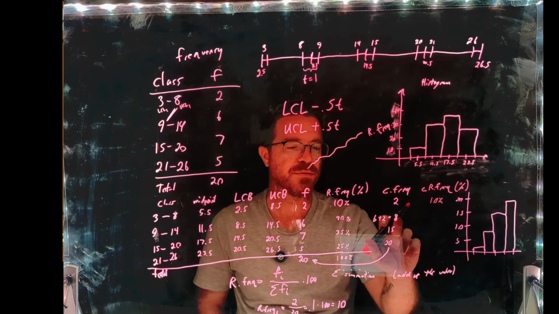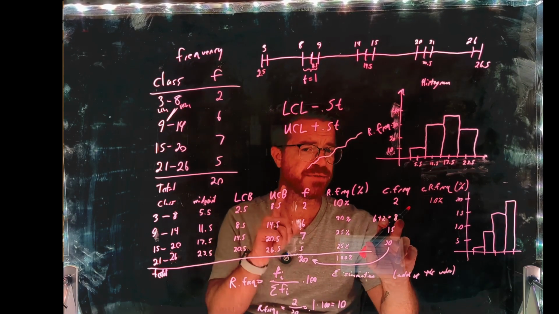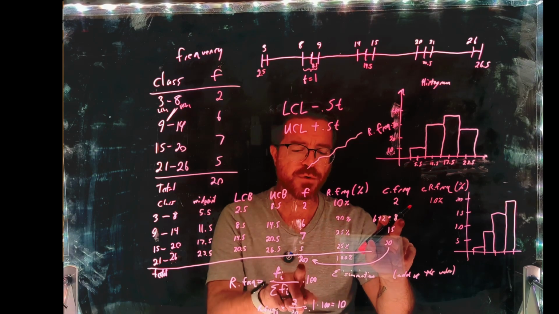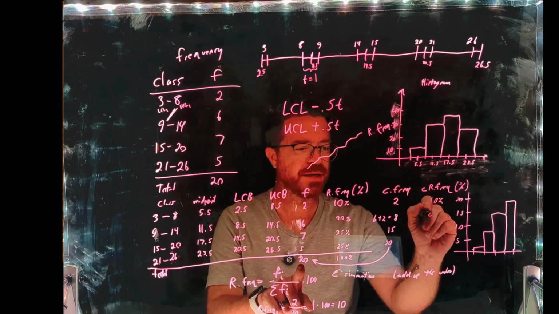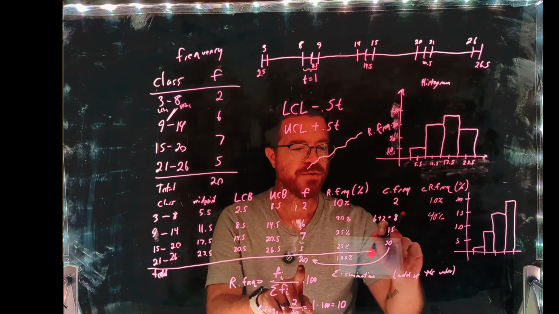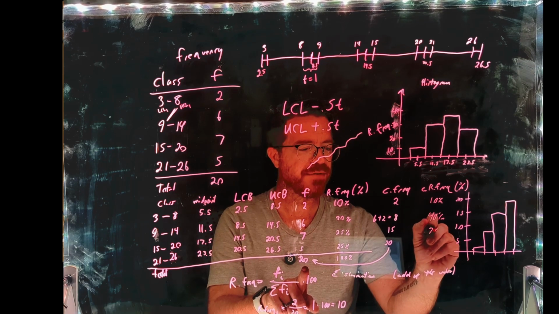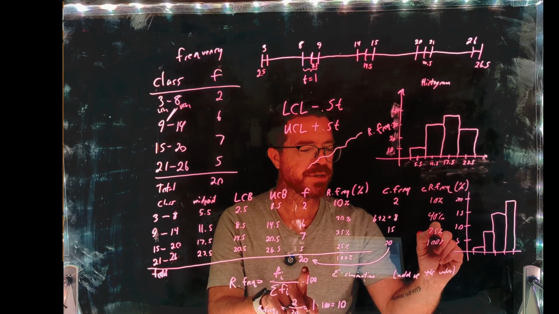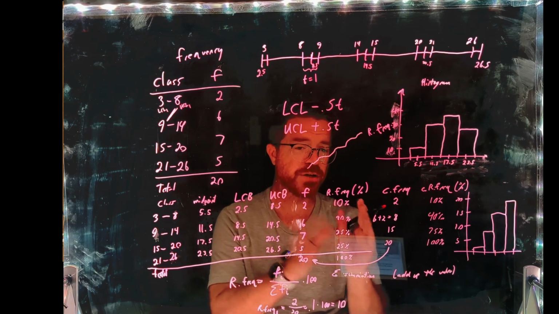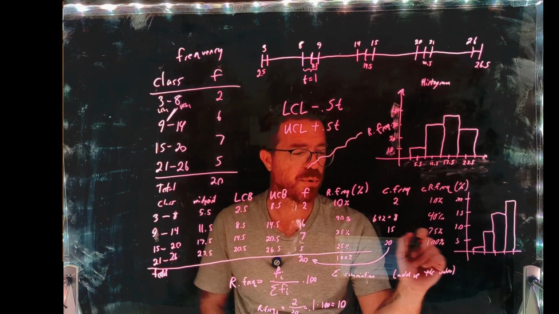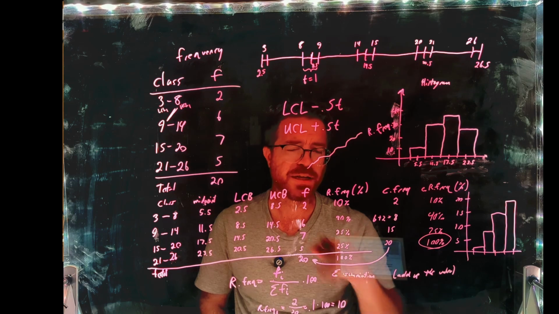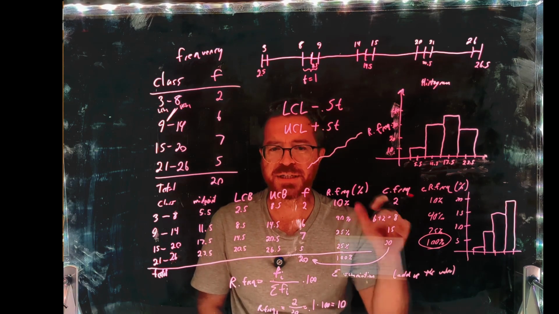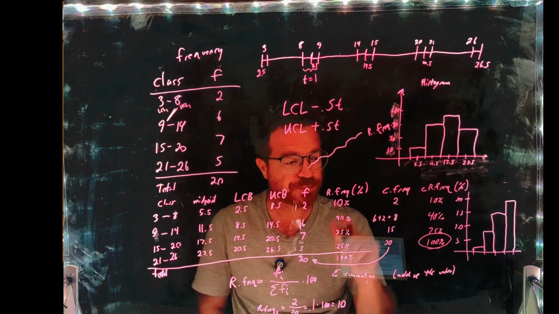And then for this next one, my cumulative frequency for the second group is 8. 8 over 20 gives me 40%. 15 over 20 gives me 75%. And 20 over 20 gives me 100%. Which again, you could check yourself here because this final point should always be equal to either 1 or 100%, based on whether you're using decimal or percentage.